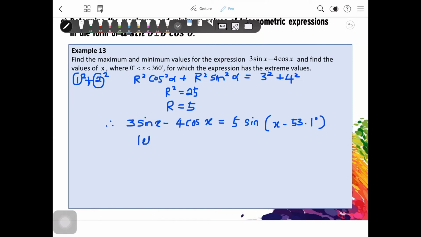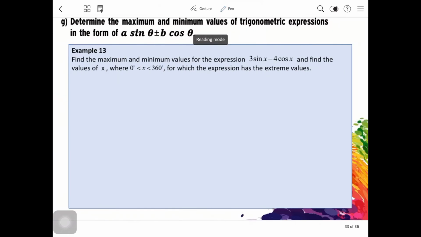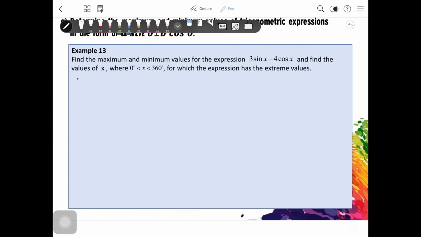So we write, let f(x) be the question, 3 sine x minus 4 cos x, and from the R form that we have found, f(x) is also 5 sine (x minus 53.1 degrees). We are trying to find the maximum and the minimum value for this expression. The maximum value of sine (x minus 53.1 degrees) is 1.